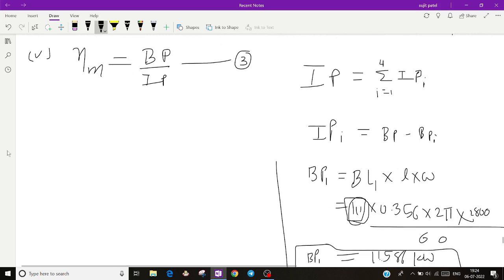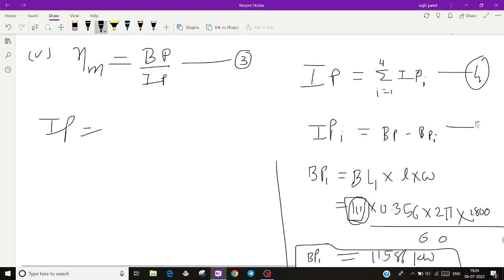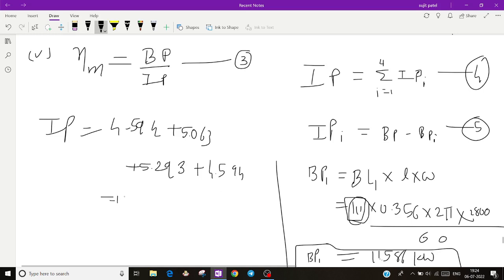So what we have to do is find out the total indicated power by using this equation. Say it as equation number 4 and equation number 5. So using equation number 4, when you do the summation, 4.594 plus 5.063 plus 5.293 plus 4.594, you will get 19.554 kilowatt.